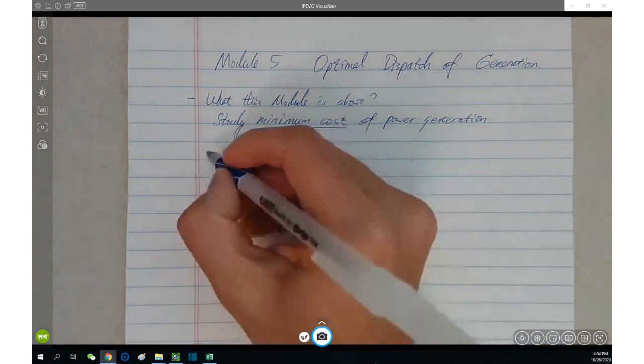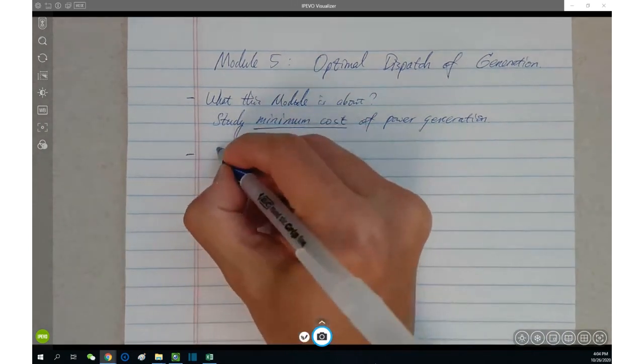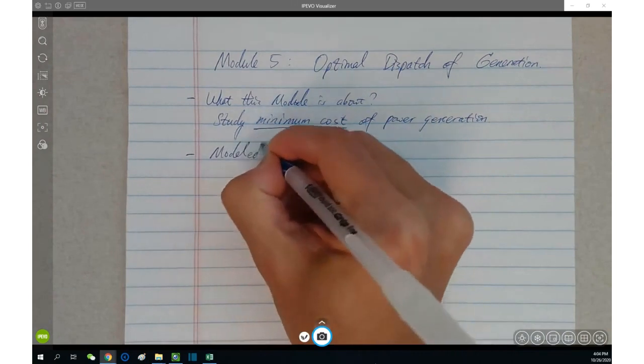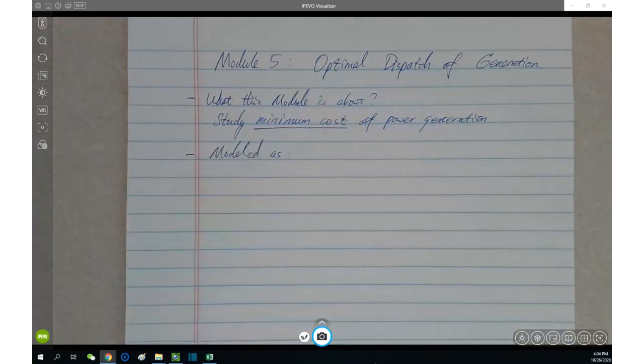And this is modeled, as I said, as a mathematical problem. What is it?